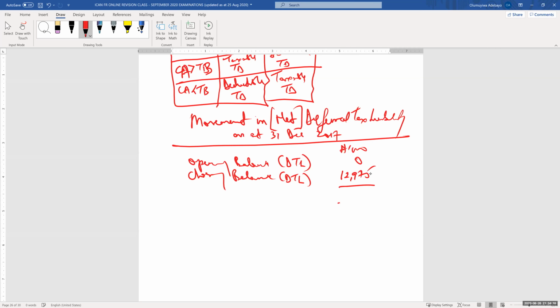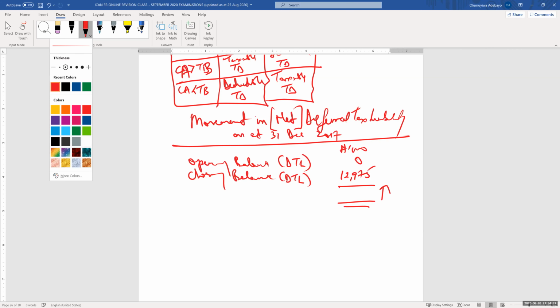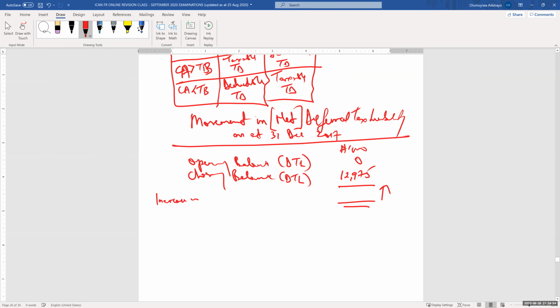$12,975. Now, what is the movement? Is it a decrease or an increase? Increase. It's an increase, Abi? Therefore, an increase. Yes. An increase in deferred tax liability is what?